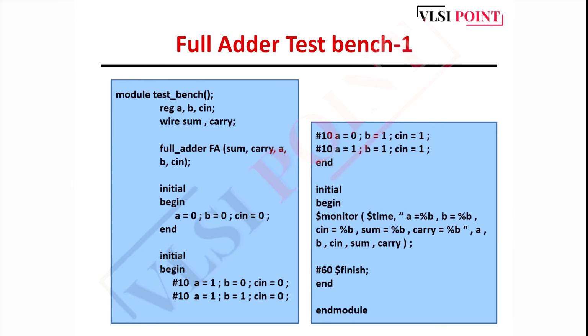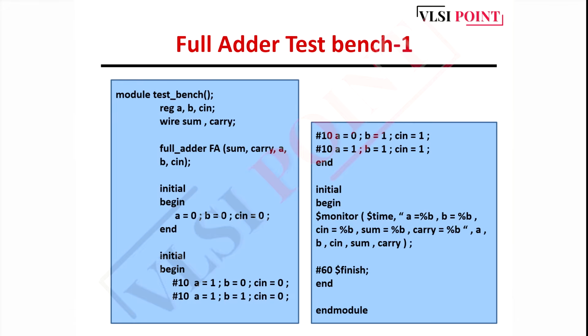There are two different ways by which we can write the test bench for a full adder circuit. First, you can give some set of values to the input variables and then check whether your circuit is working properly or not. Actually, what is the need of writing the test bench? Why should one write it? Just to test whether your design is working correctly or not.